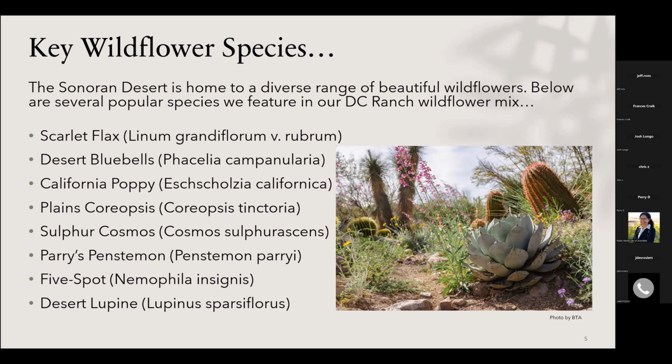And so what we do here at DC Ranch, we use over 30 pounds of a proprietary blend of wildflower seeds from over 20 species of wildflowers. Starting out, we used to have some native grasses in the mix, but they started hanging on and becoming so prominent.